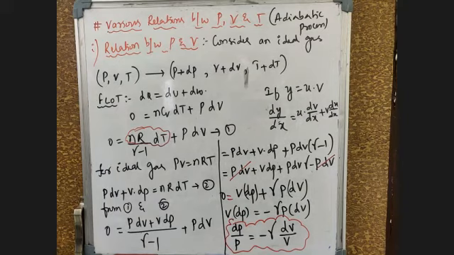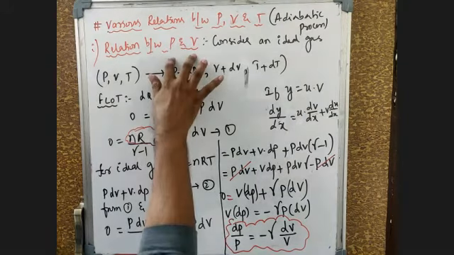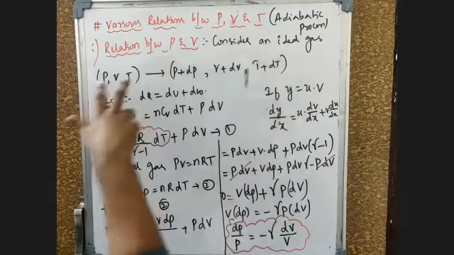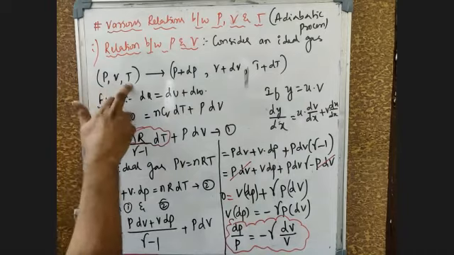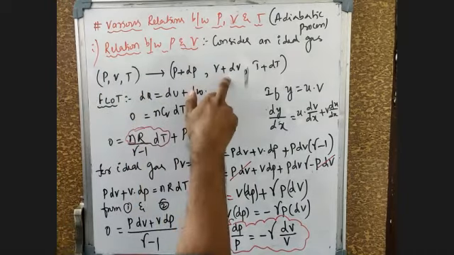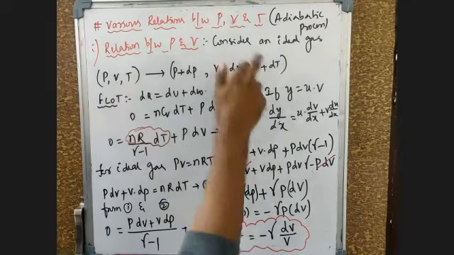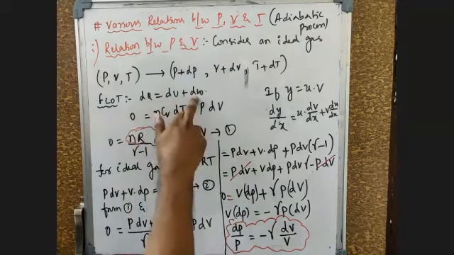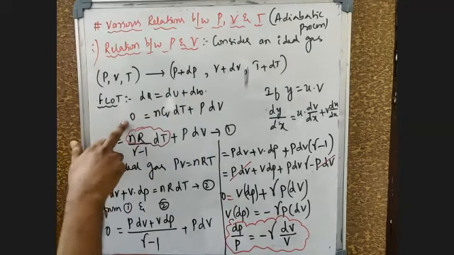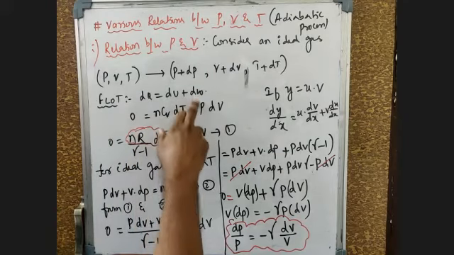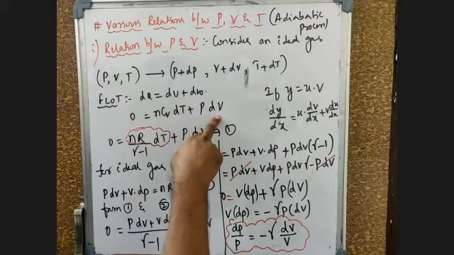See the derivation once again. To get the relation between pressure and volume, I'm considering an ideal gas changing from pressure P to P plus dP, volume V to V plus dV, and temperature T to T plus dT. Applying the first law of thermodynamics, dQ is equal to dU plus dW. dQ is 0, dU is n Cv dT, and work done is pressure into change in volume.